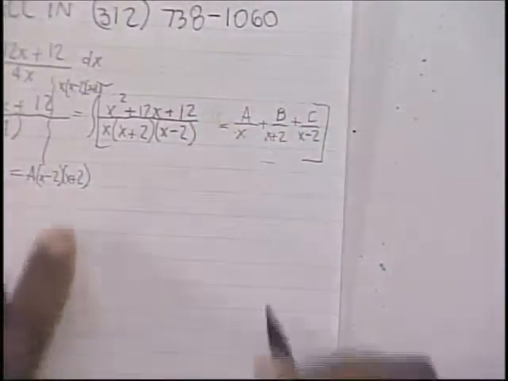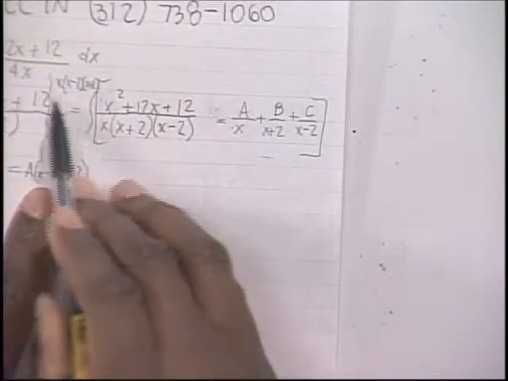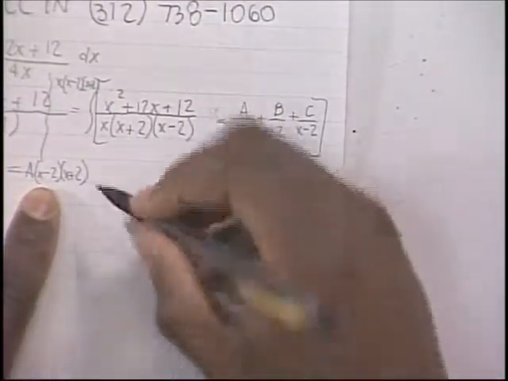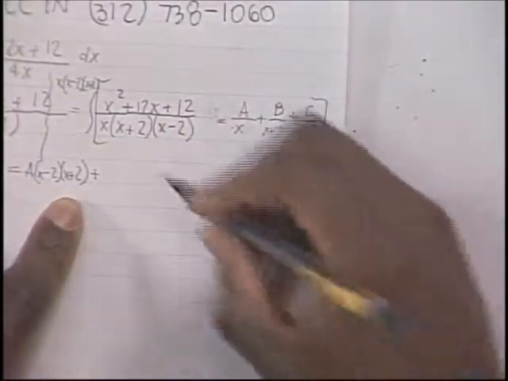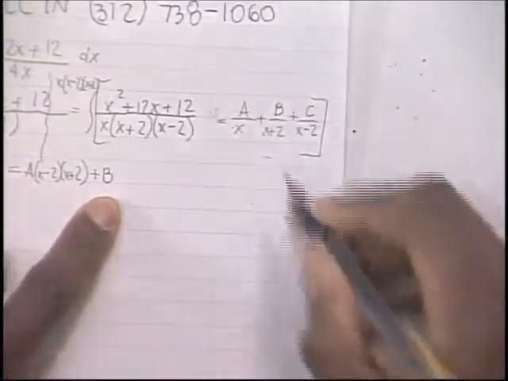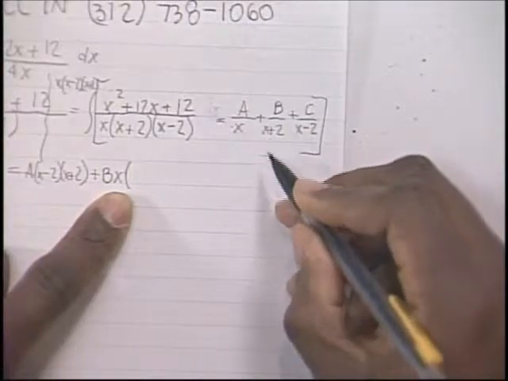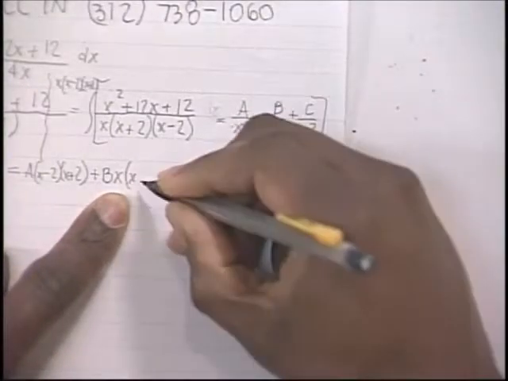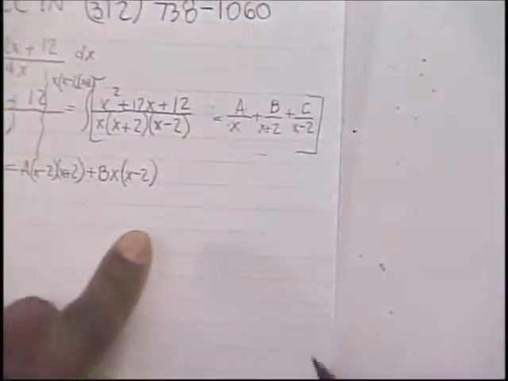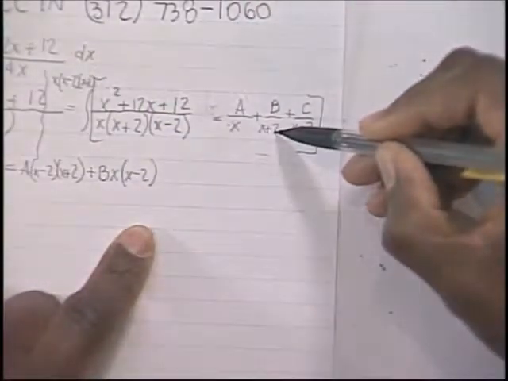And then if you multiply this times this fraction, you'd end up with plus B times x times x minus 2, because the x plus 2's would cancel.